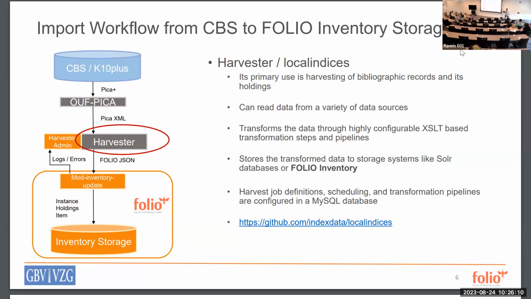And so we can convert our Pica XML very easily by XSLT to FOLIO JSON, and we can just fetch the fields we really need and convert them into the right FOLIO fields, and then the harvester can store them in the different storage systems. In our case, FOLIO Inventory is the aim. Harvest jobs, definitions, scheduling, and transformation pipelines are configured in a MySQL database, the harvester.